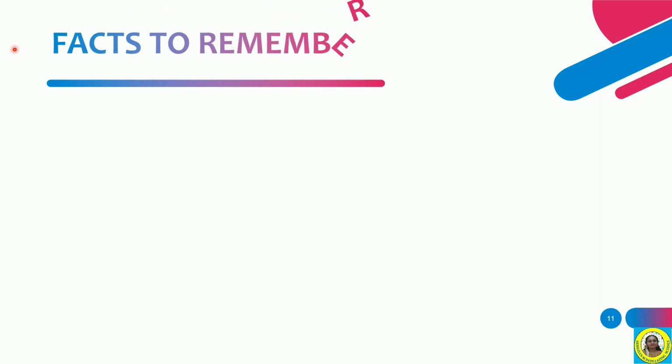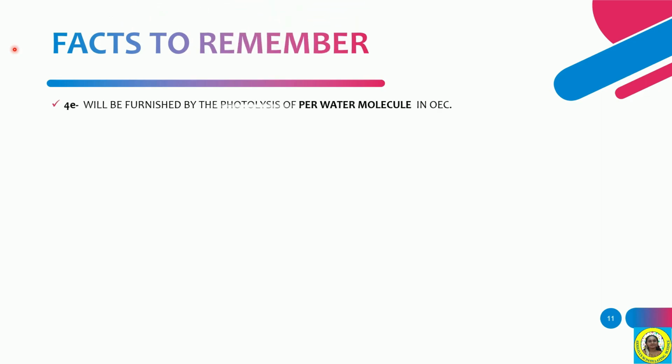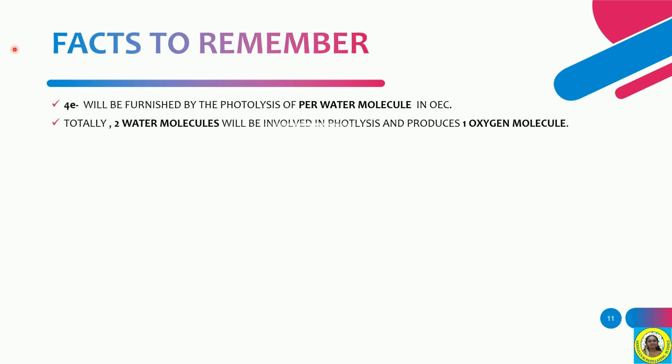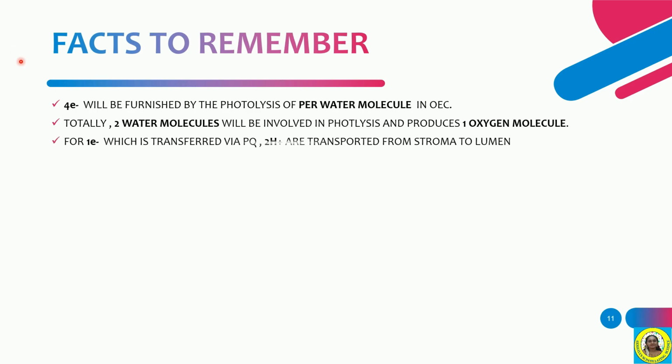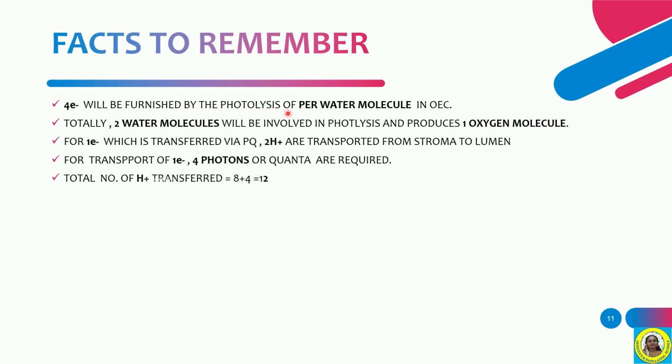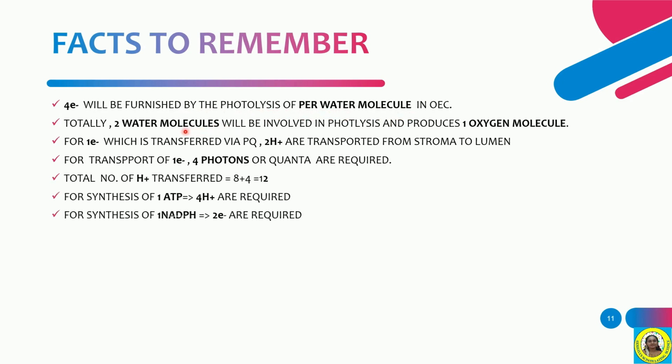Consecutively, let us see some important facts to remember with respect to the chemiosmotic hypothesis. The first is that 4 electrons will be furnished by the photolysis of water. The second is that 2 water molecules are involved in photolysis to produce one oxygen molecule.